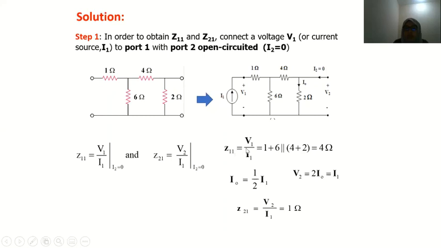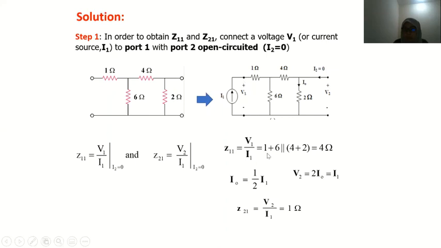Your V1 here is equivalent to 2 ohms plus 4 ohms in series. Sorry, your 2 ohms plus your 4 ohms are in parallel with your 6 ohms, and then they become in series with the 1 ohm resistor.